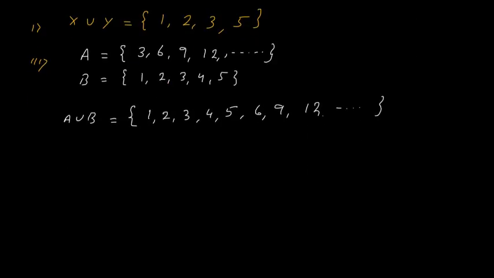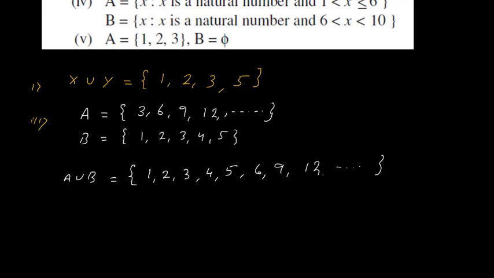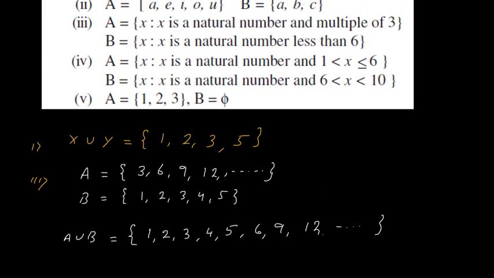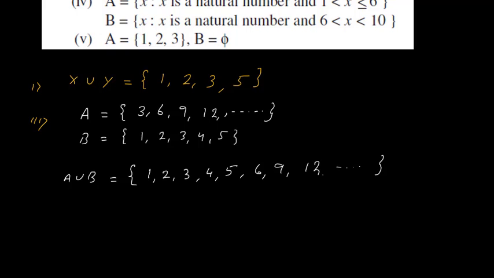Fourth problem: we have A is the set of X, where X is a natural number and X is greater than 1 and less than 6. So in the fourth question, your A will be 2, 3, 4, 5. This is your set A. And your set B is the natural numbers greater than 6 and less than 10.